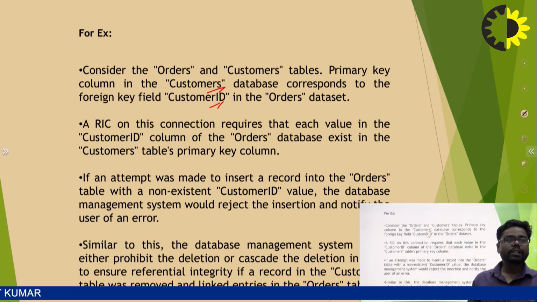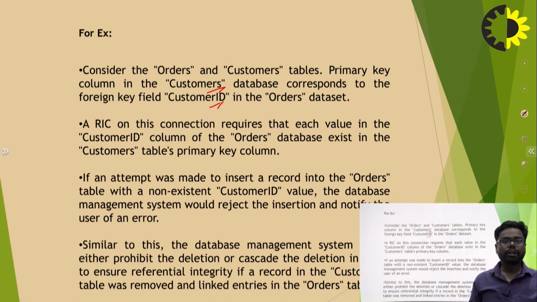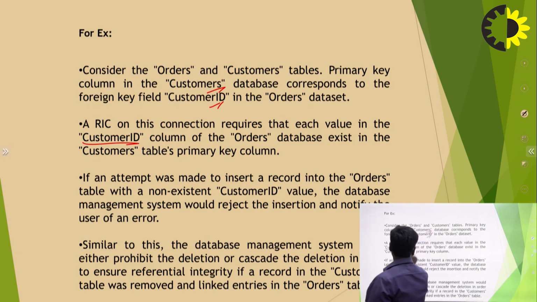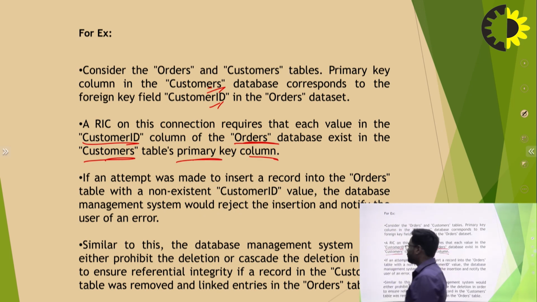The RIC on these connections requires that each value of the customer ID column in the order table exists in the customer table's primary key column. Means customer ID can be the primary key for the customers table, and the foreign key in the order table.